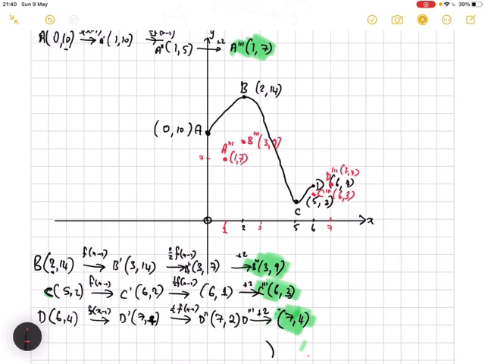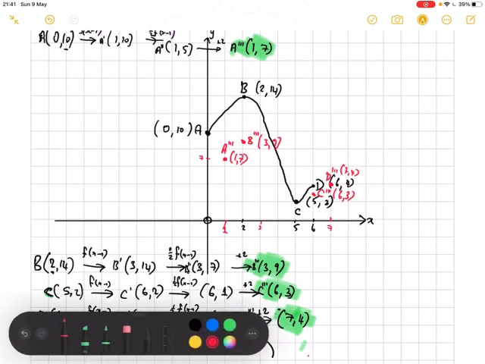Now we've got our 4 red dots, but remember the rule is with transformations, the basic shape stays the same, just the location and the size can change. So we have this basic shape. Because I did the points in red, I'm going to do the actual shape in blue.